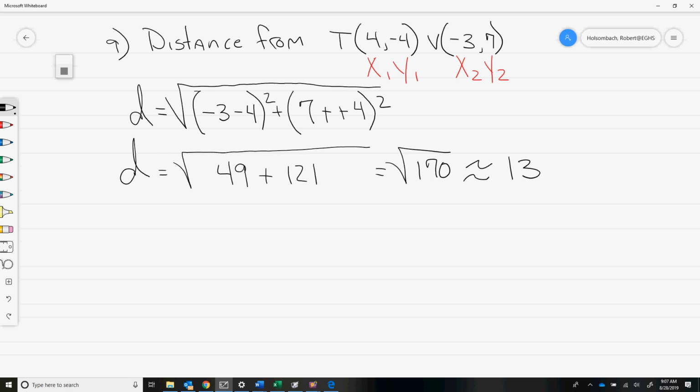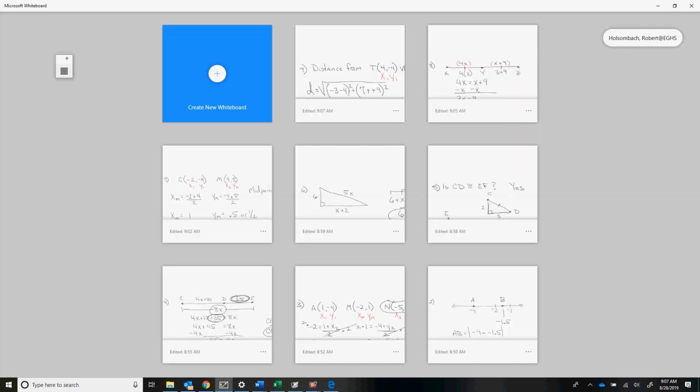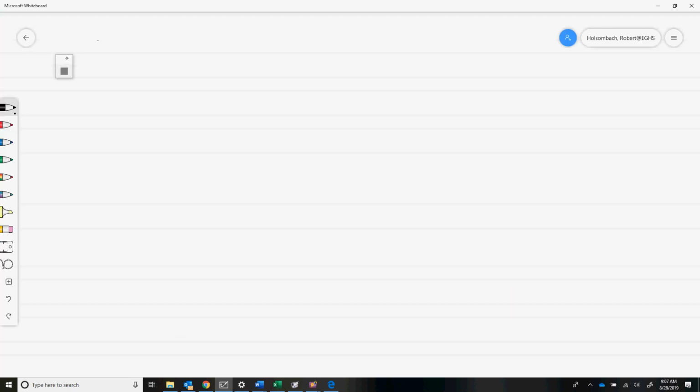Alright, 3 to go. Number 10, find the coordinates of the midpoint. You need the midpoint of C and N. So here C is located at -5, -2. And N is located at 2, 4.